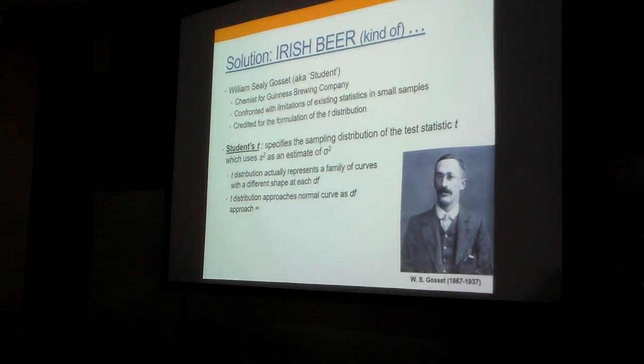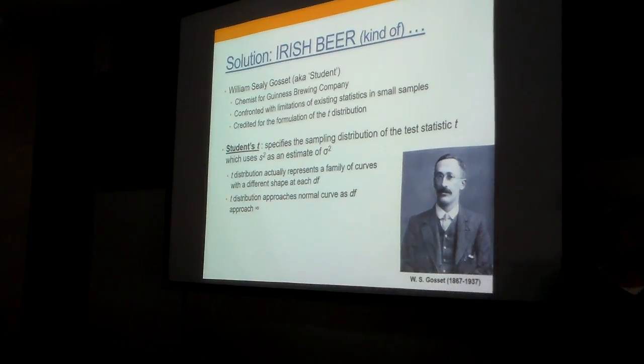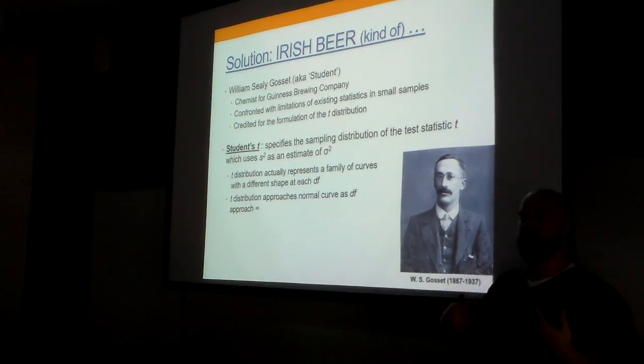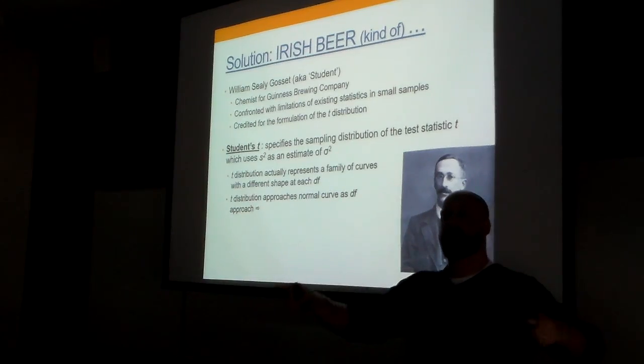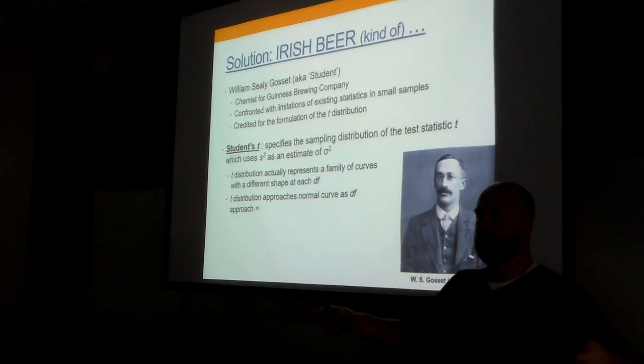Is this going to be a lot of bias or not so much bias, for samples of 10, in terms of my sample variance as an estimate of my population variance? It's going to be a lot of bias. As my sample starts getting bigger and bigger, let's say I get a sample of 100, 200, 300, 500, 1,000, right? How much is this getting a better estimate of this? Yeah, right? And so as our sample size starts to increase, the shape of the t distribution starts to become increasingly equivalent to your z distribution, okay?